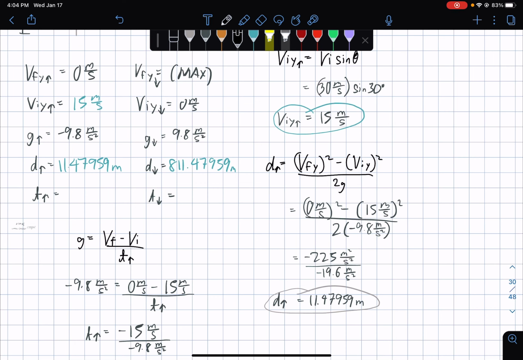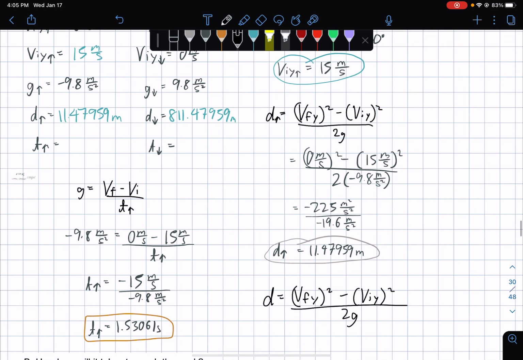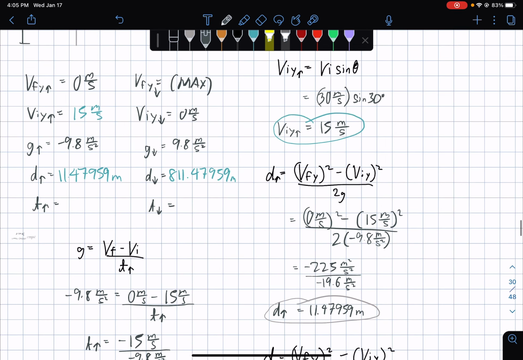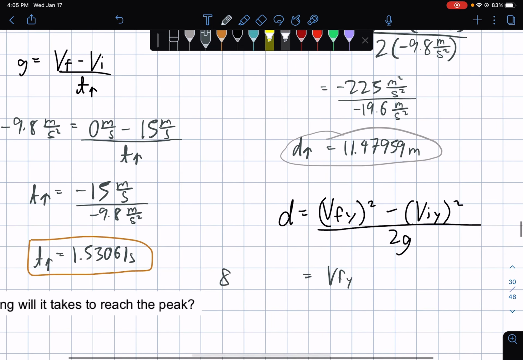Let's try to calculate for VFY such that we already have the distance. Okay, so VFY is missing. Distance is 811.47959 meters.